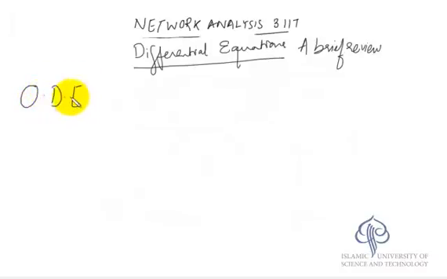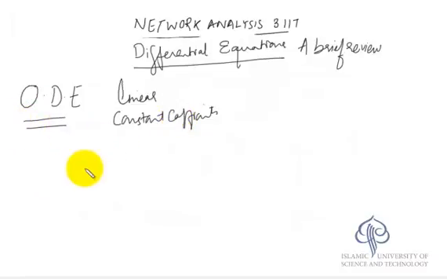And a special case of ordinary differential equations, generally ordinary differential equations which are linear and which have constant coefficients. Now what does ordinary differential equation mean? Differential equations can be nonlinear, they can be time variant, they can have different forms.